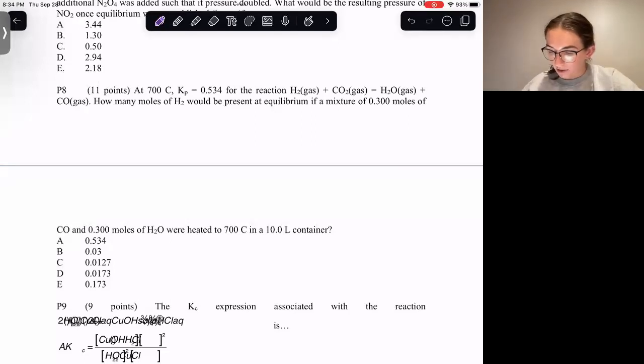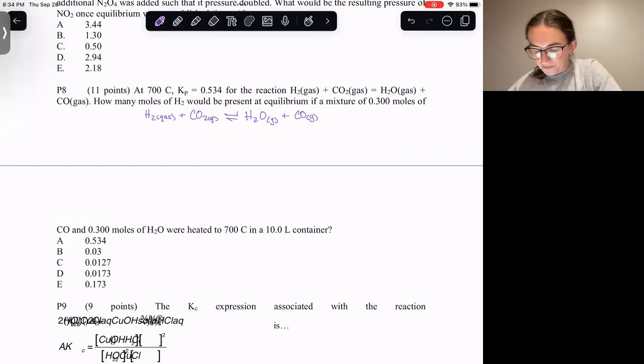So if we write this reaction the way that it's given in your question, you have H2 gas plus CO2 goes to H2O and CO.